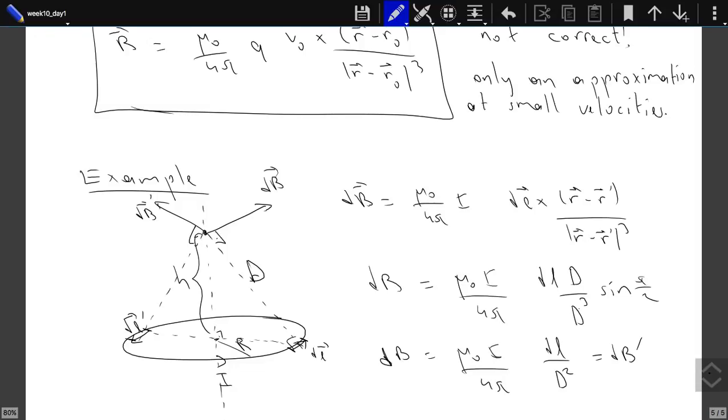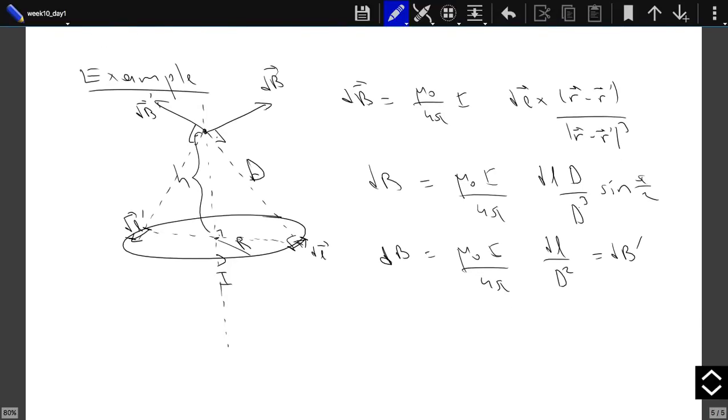So the sum will be in the z direction, vertical. So the total magnetic field created by this system will be vertically up. Let's say this is the z-axis. B is in the z direction only. The horizontal components will cancel.